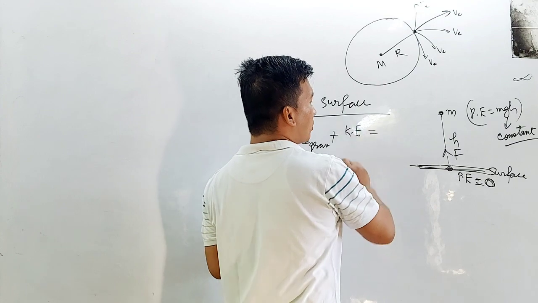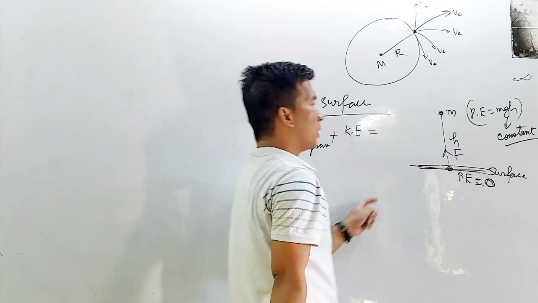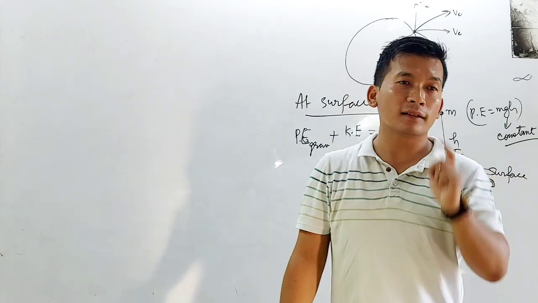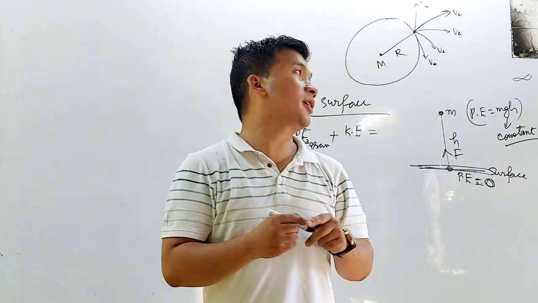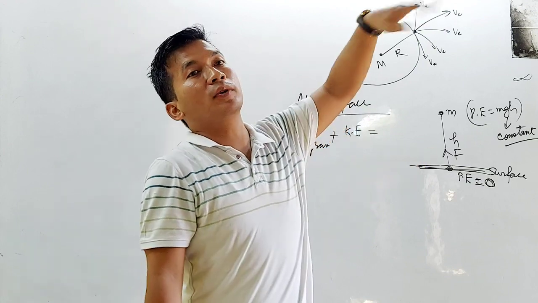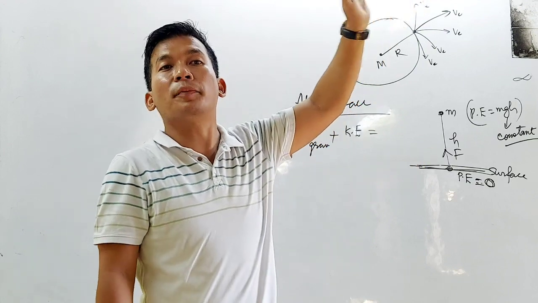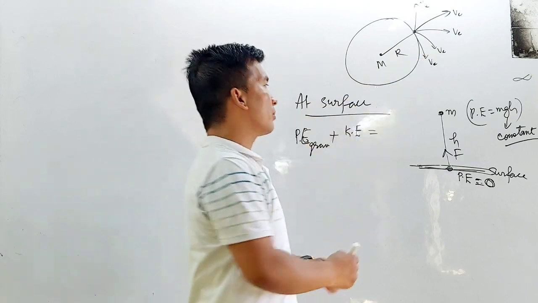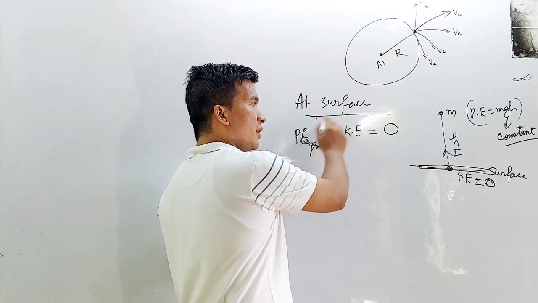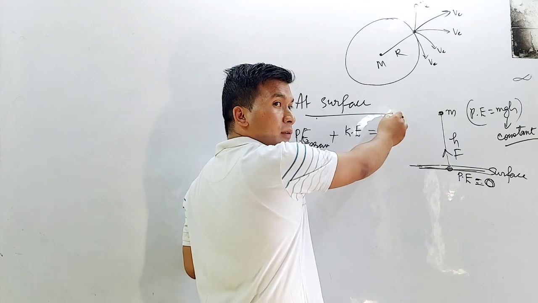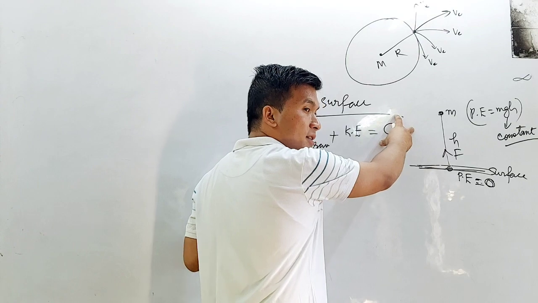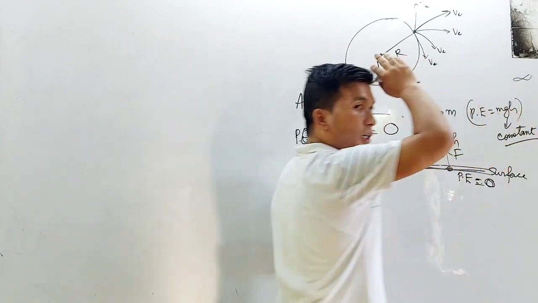And this will be equal to the total energy at infinity. Do you know this infinity? Infinity is beyond imaginative power; we have to consider it as 0. This is the initial total energy on the surface, and this is the final total energy at infinity. Understood?